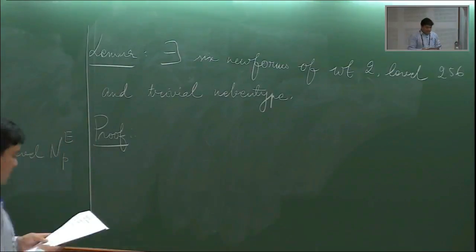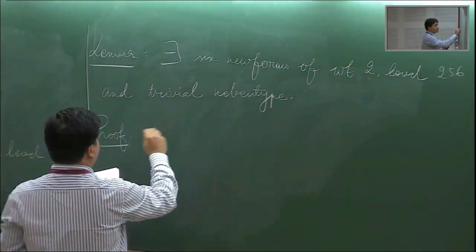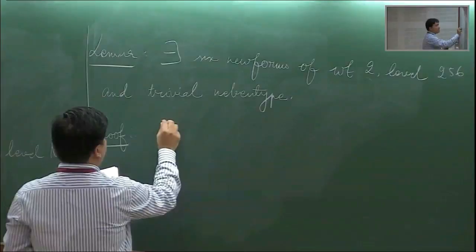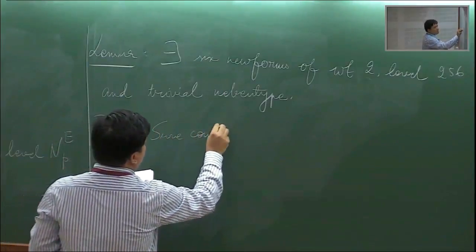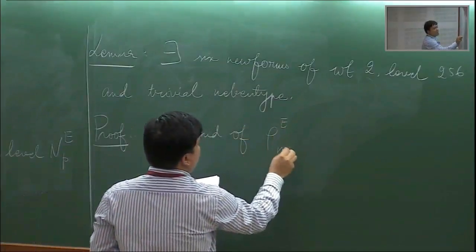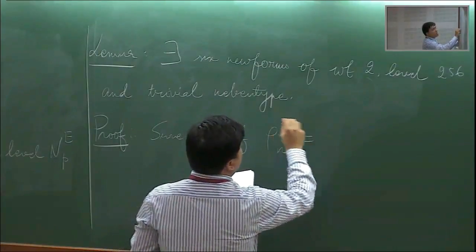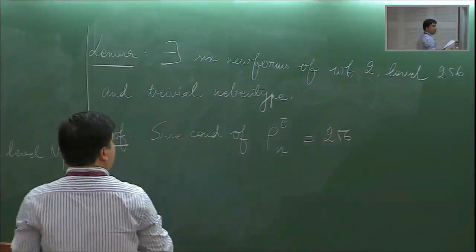Okay, so you can compute that. Okay, and the Serre conductor of rho E P, this also turns out to be 256, 2 to the power 8, right?